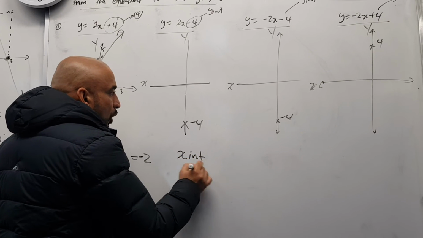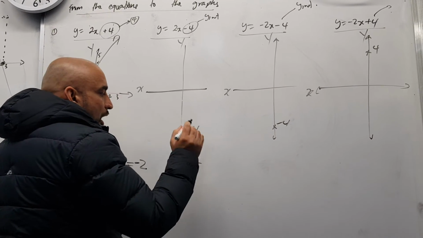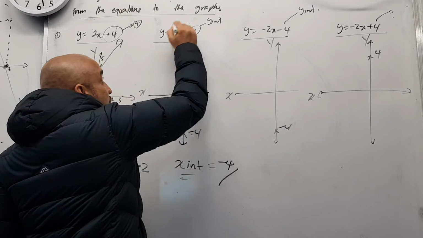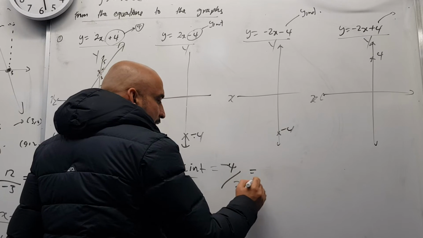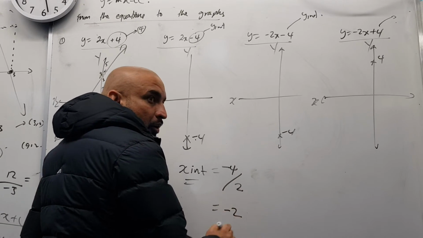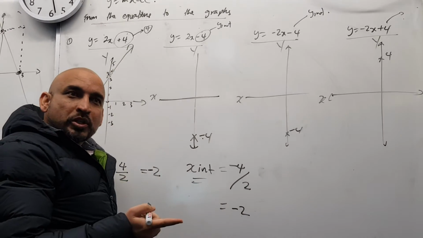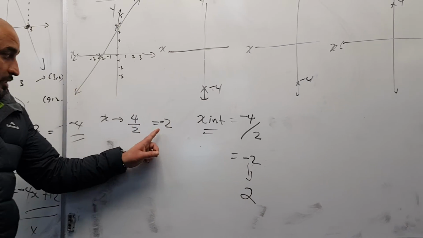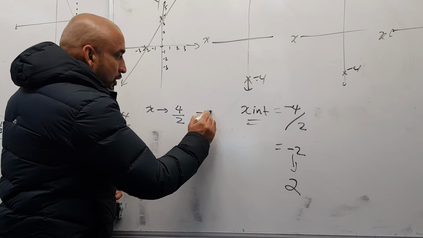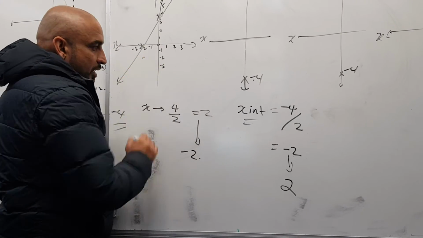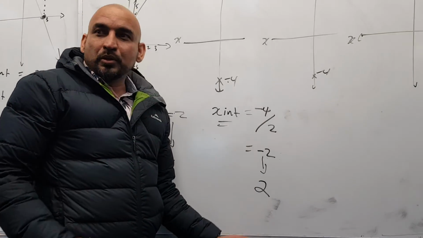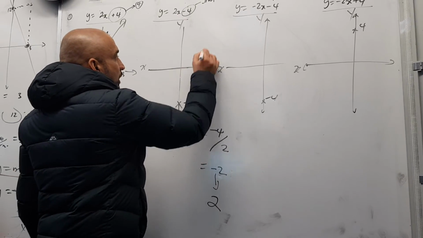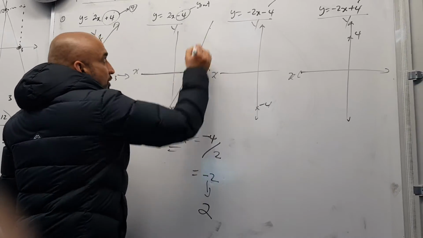Let's show the graph. We got the y-intercept, which was minus 4. Now we do the last number, negative 4 divided by 2, which gives me negative 2. What do we do? Switch. Make it positive 2. If it was 2, switch it to negative 2. If it is negative 2, switch it to 2. So 2 is here. That's your graph.